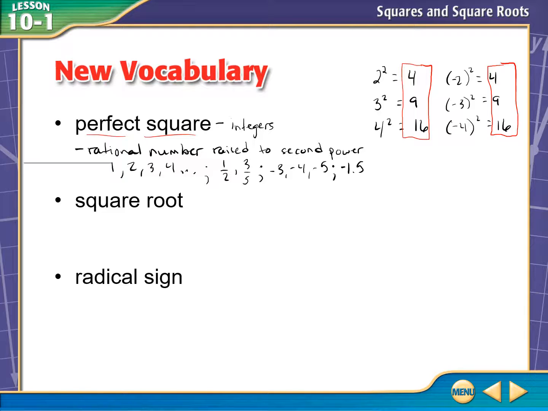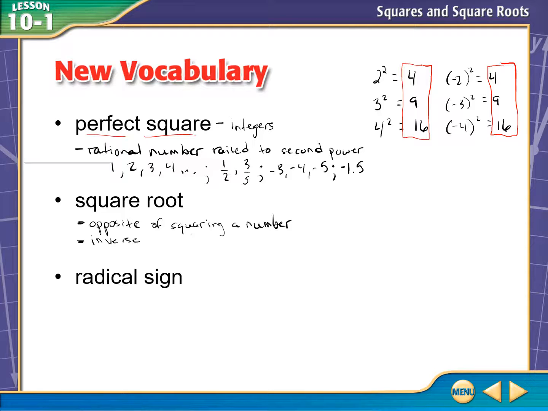So what is a square root then? The square root is basically the opposite of squaring a number. If you think about math, everything that we do usually has some sort of opposite or inverse.